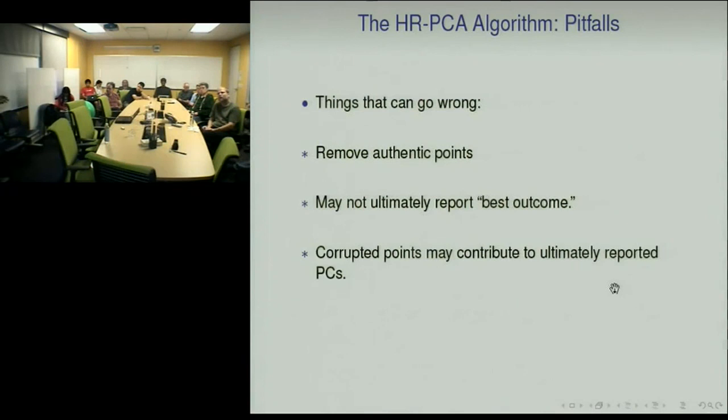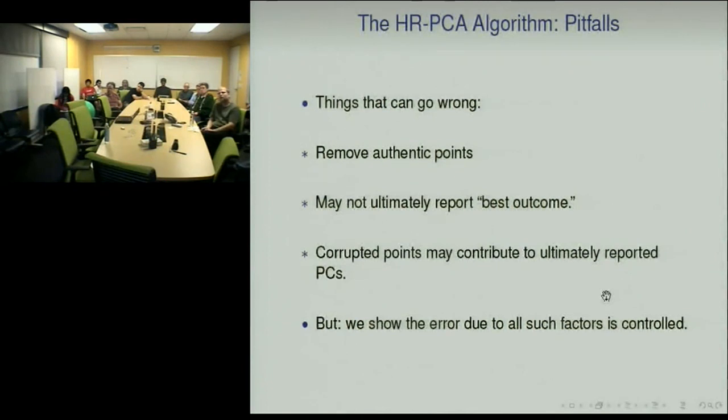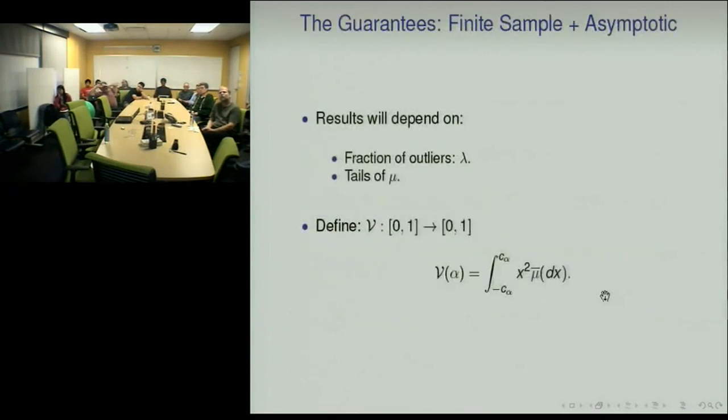So those three things can go wrong. But from a technical perspective, we can show that you can control those errors if you choose the parameters of the algorithm carefully enough. So I'll just show the guarantee. I'm not sure if I'm going to go into details of the proof.